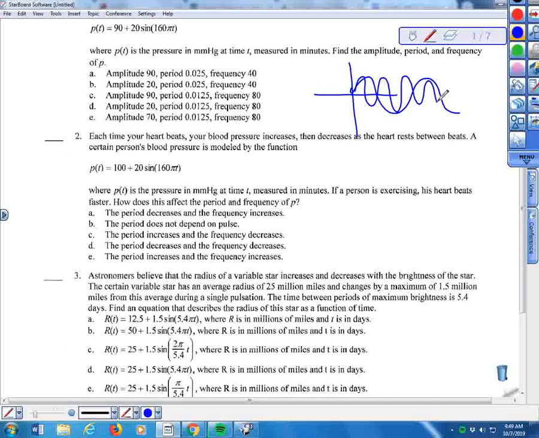So the time for it to complete one full rotation has increased or decreased? The time it takes is decreased. So that's frequency. Or period, sorry. Period's decreased. Which means if frequency is the inverse, frequency must have increased. It's the inverse. If period decreased, frequency increases. Okay? So period decreases, frequency increases, letter A. Does that make sense? Okay.